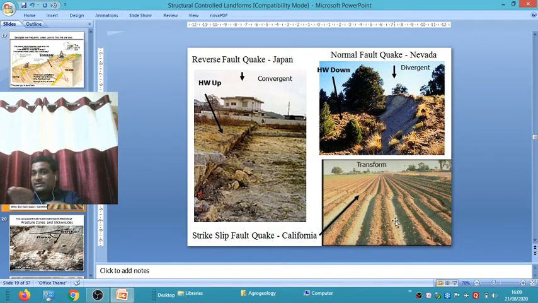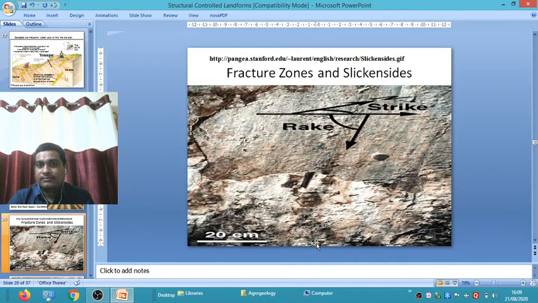After the earthquake, some movement of the plane, and then the furrows of the farm have been disturbed in the form of a strike slip fault. This is the normal fault earthquake, fracture zones and slickensides. This is the rake, and this is the strike direction of the bed.